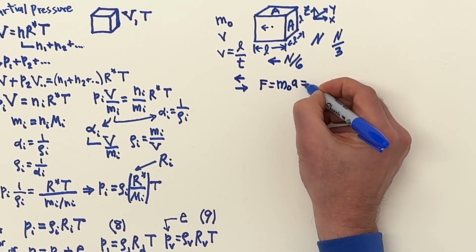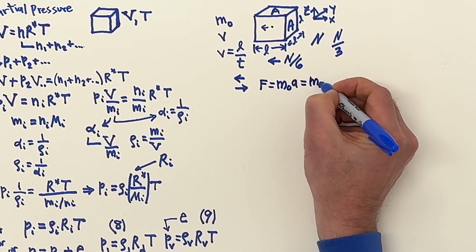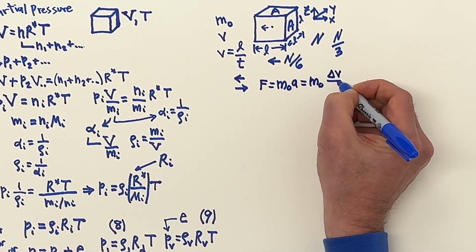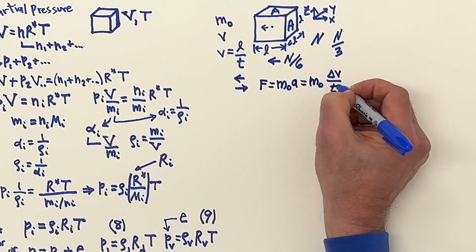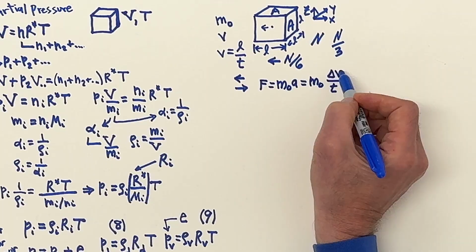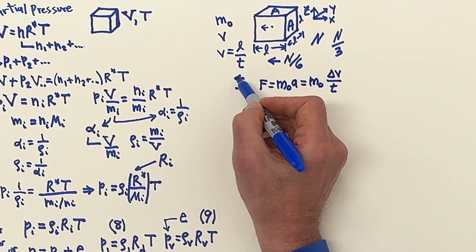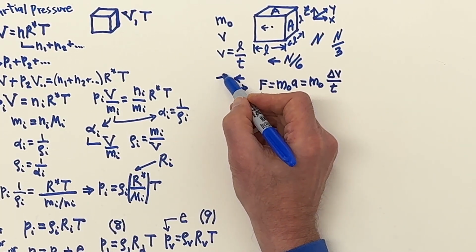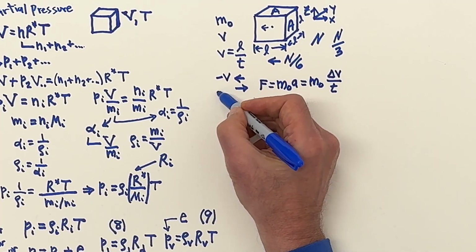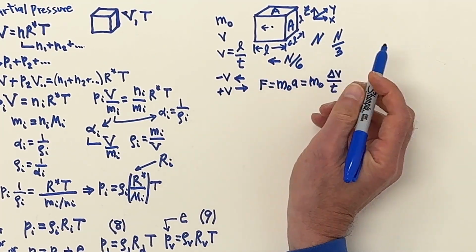Well, we have the mass, m naught, and the acceleration is the change in the velocity divided by t, the time. So here the velocity is initially going to the left. We'll call that the minus v, since the plus x is to the right. And then after the bounce, it's going plus v.